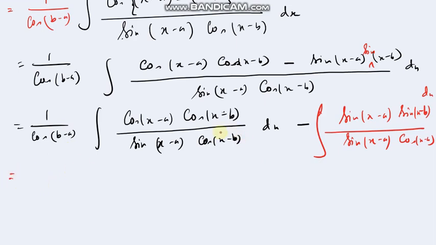So just check, there we will cancel out cos of (x minus b), and there I'm going to cancel out this term.